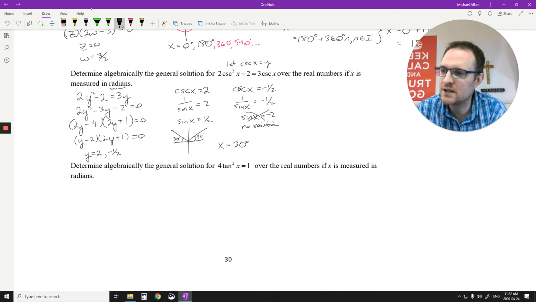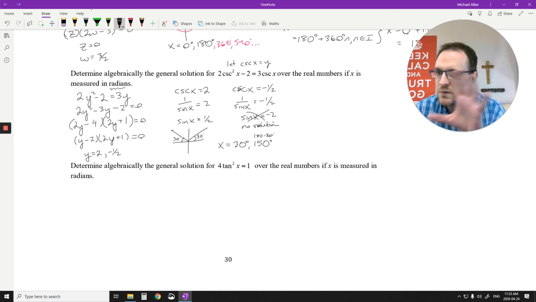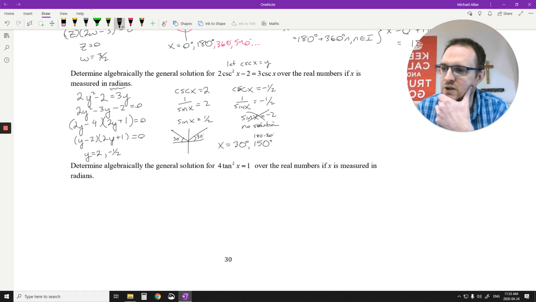So we got 30 degrees and 150 degrees. So this would be 180 minus 30 for that one. Okay, so I determined my 2 principal angles, right? So my 2 solutions, they're both principal angles because they're less than 360. They're both positive. But now I want to do it for all my real numbers.